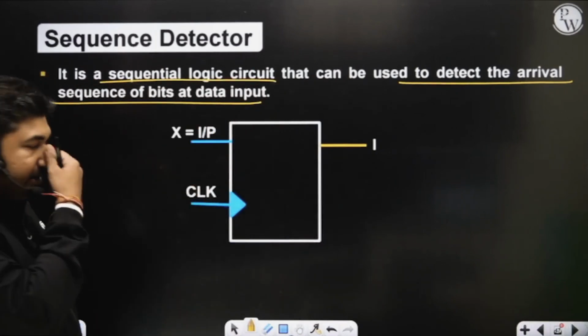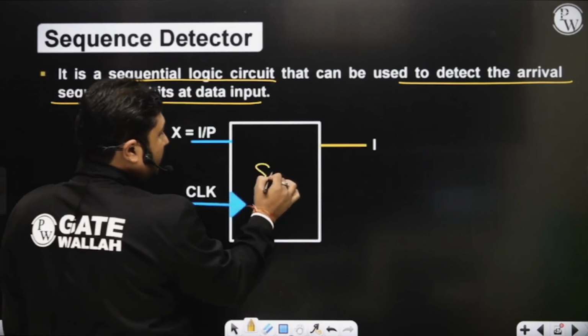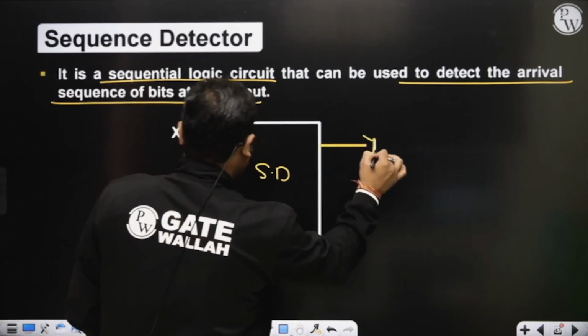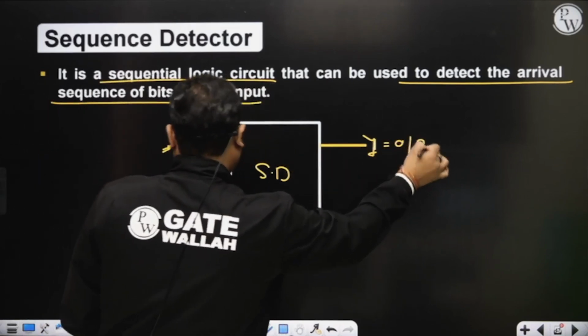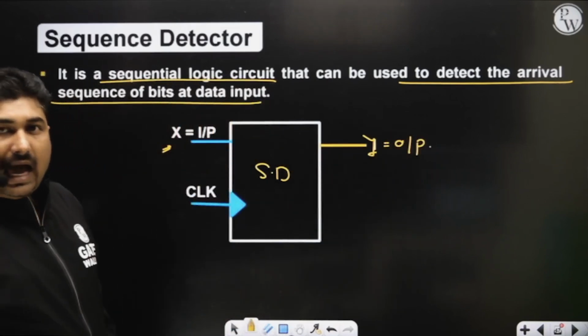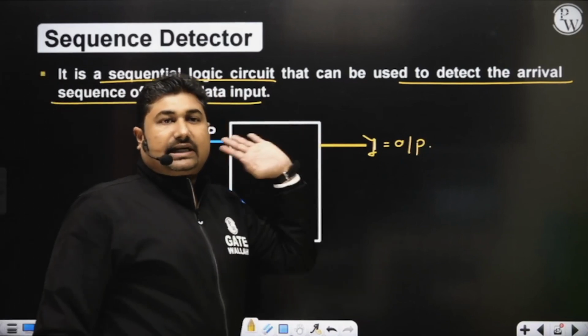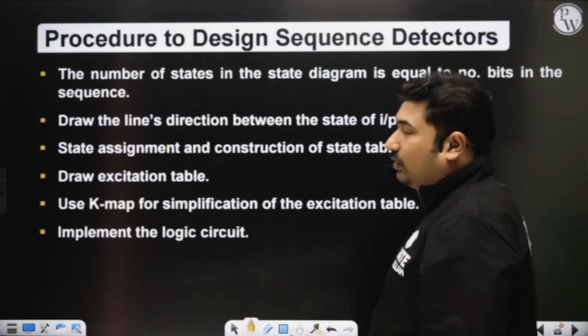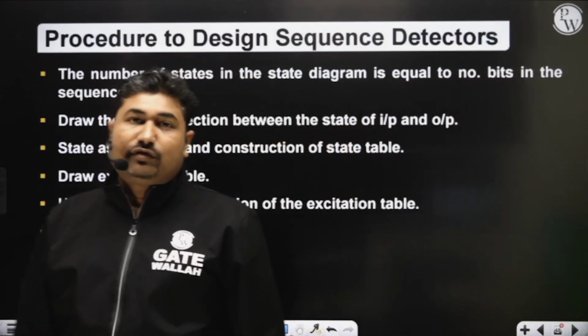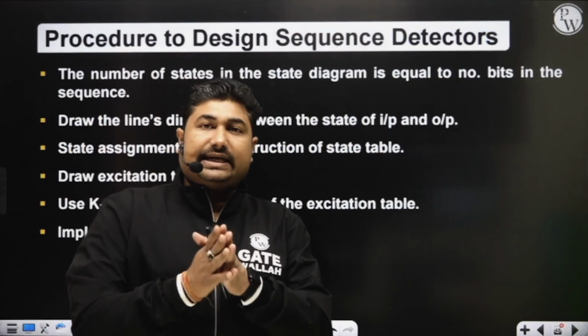We have X as an input, Y as an output, and the clock pulse. I am interested in designing this sequence detector for any specific sequence. What is the procedure? First, we have to follow some set of rules.